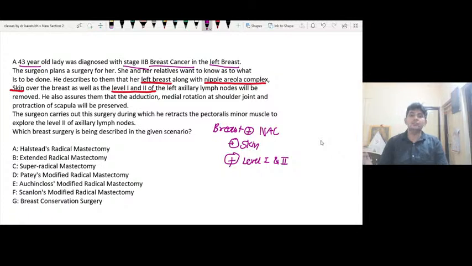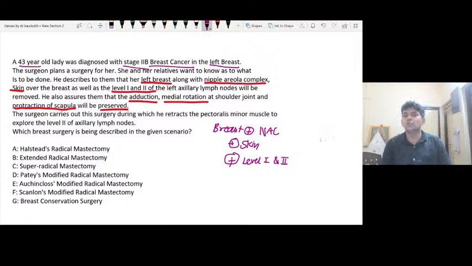The second thing which has been given here very clearly is that the adduction, medial rotation, and protraction of scapula will be preserved. This is the assurance given by the surgeon to the patient, that adduction and medial rotation at the shoulder joint, protraction of scapula will be preserved.